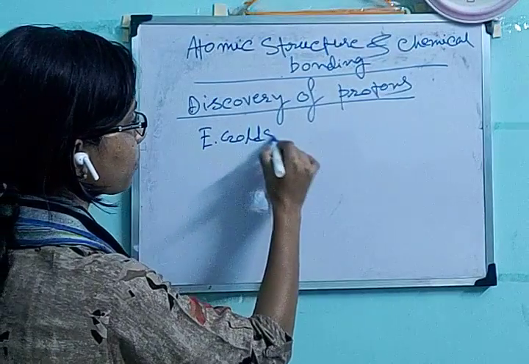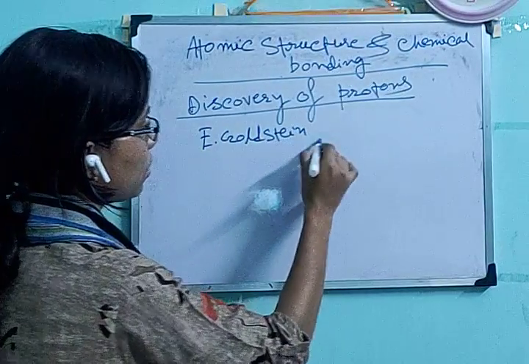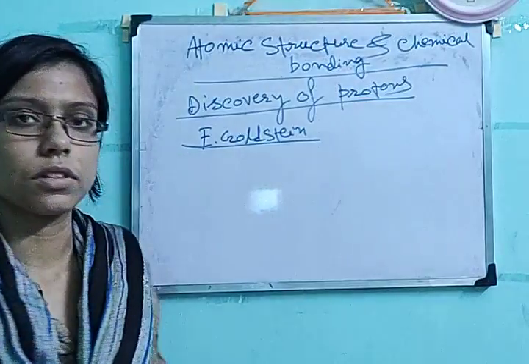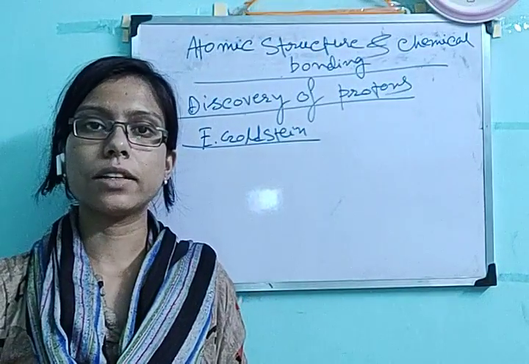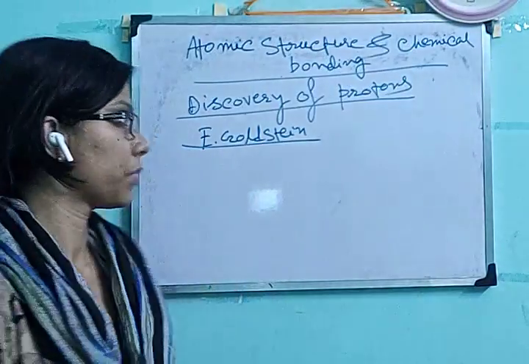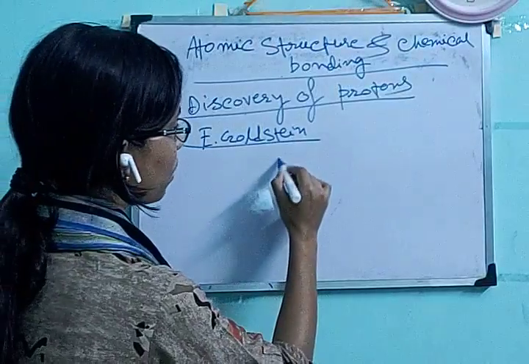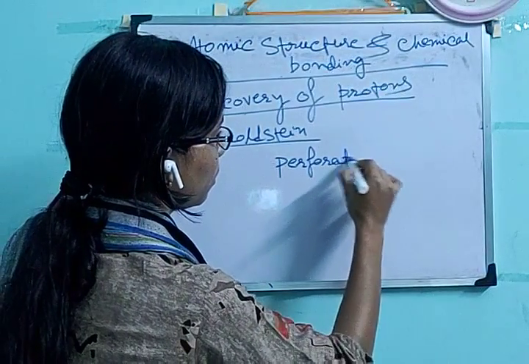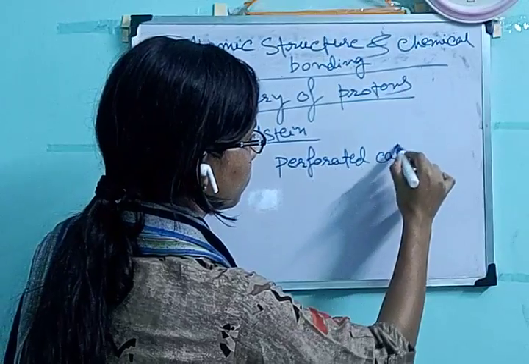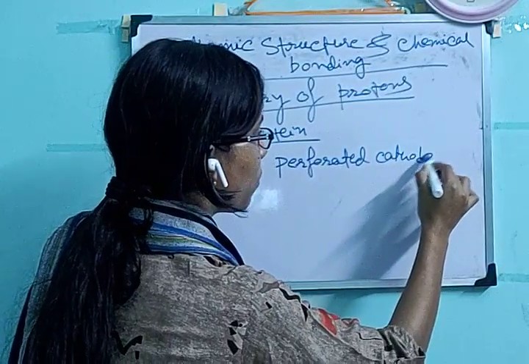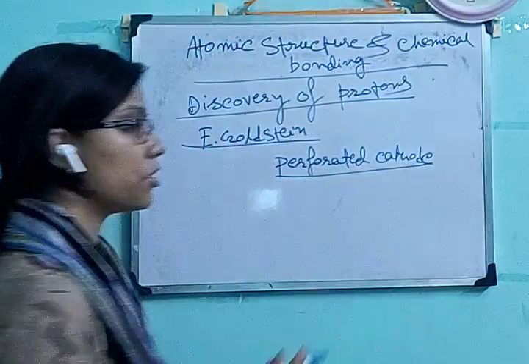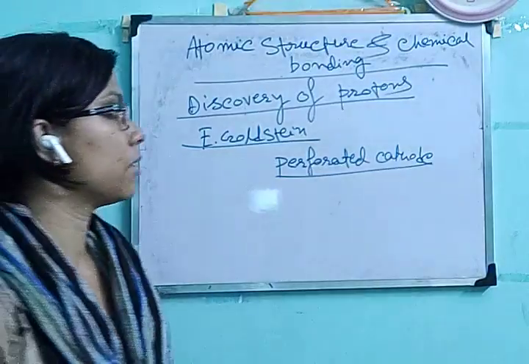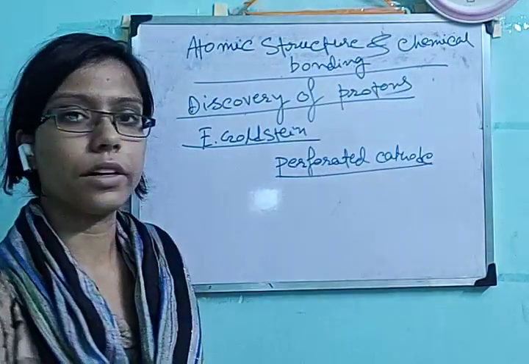This scientist modified the discharge tube experiment by using a perforated cathode. He performed the same experiment as the discharge tube experiment, but he used the perforated cathode.